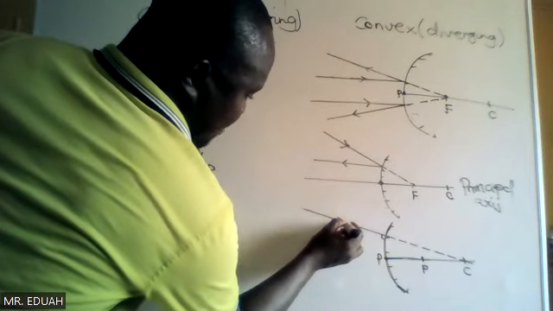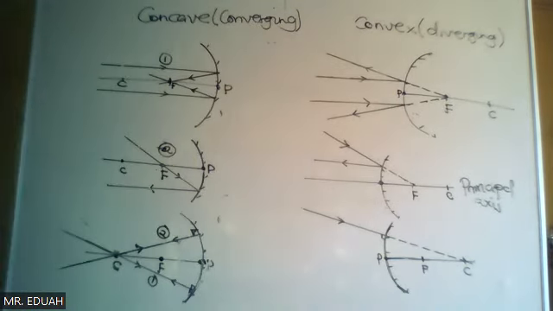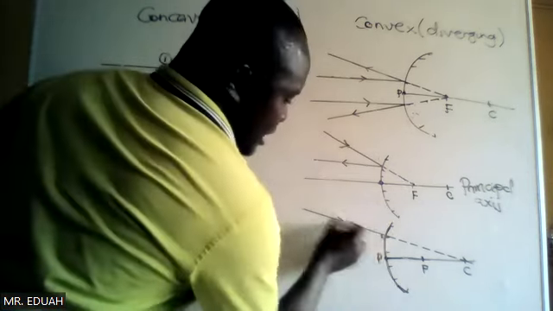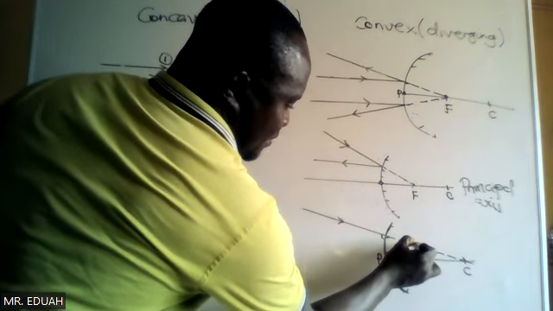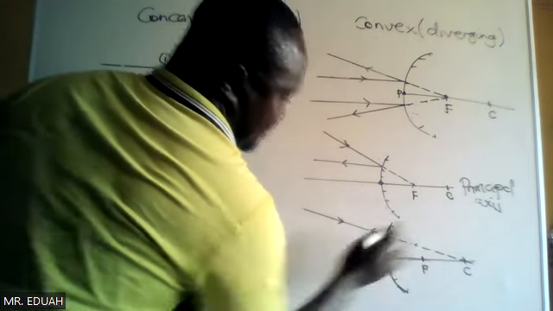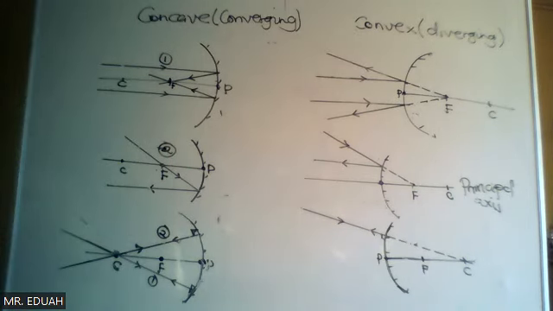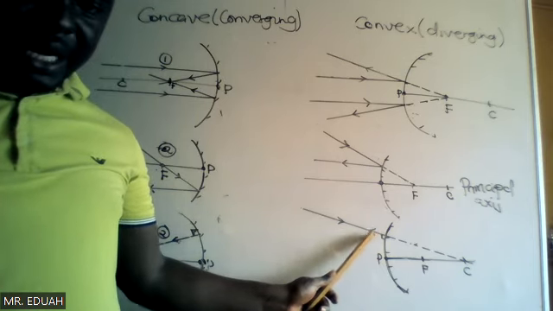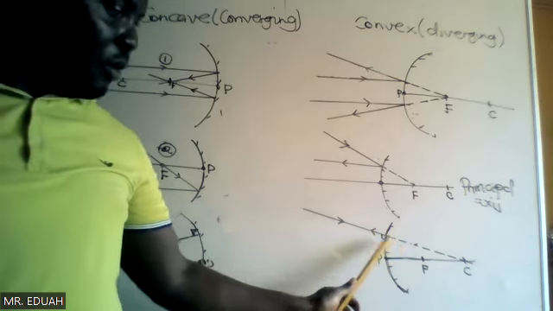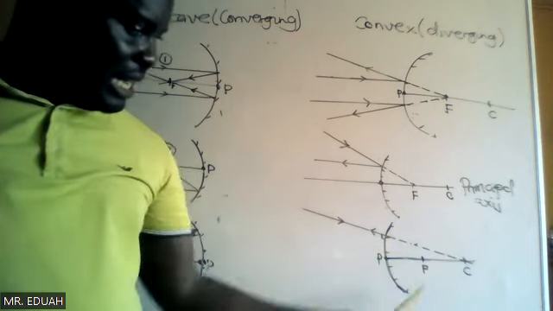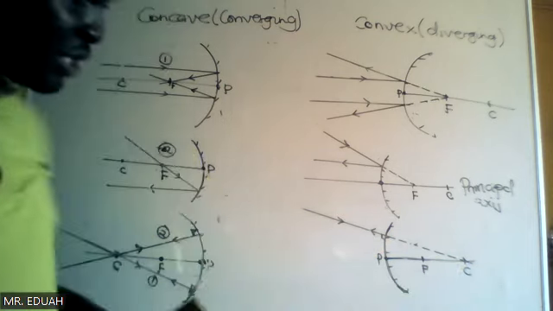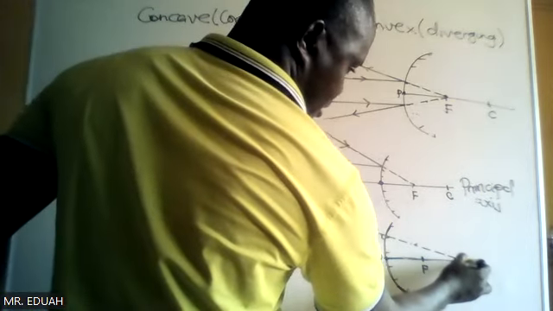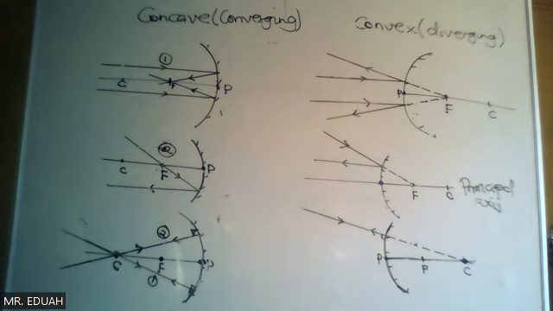And this one, it appears because this is virtual. This one, it's actually happening. So incident and then reflection. Once it hits the mirror in this manner, it will reflect along the same path and then appear to pass through a point on the principal axis. And this is the center of curvature.